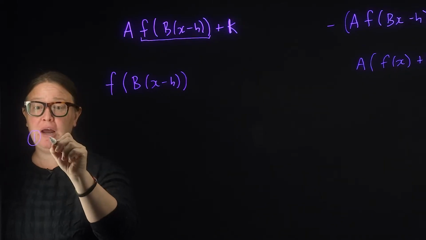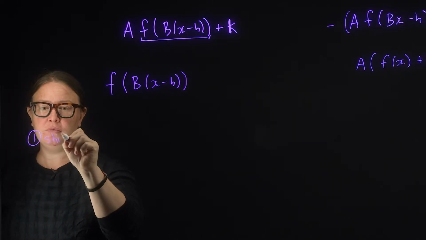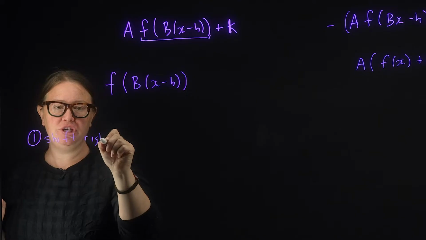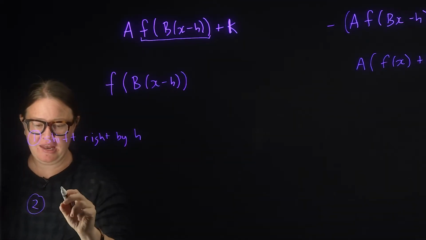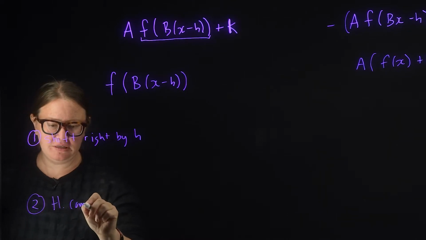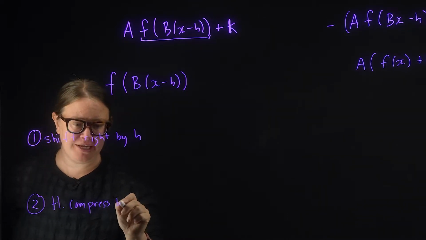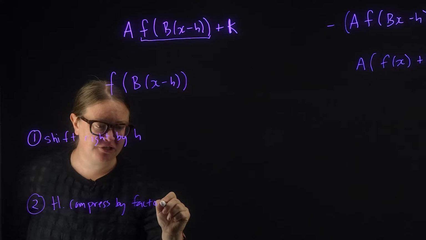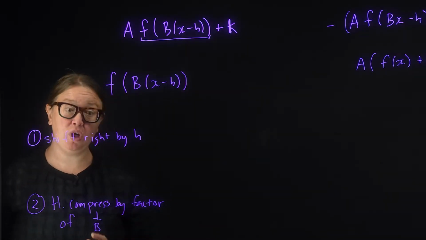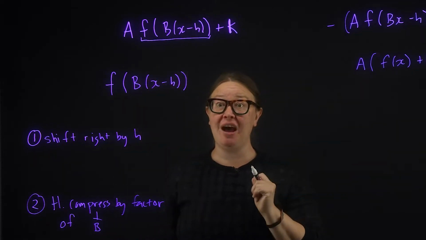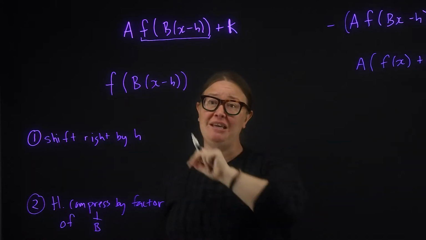So let's try this order: shift right by h, then horizontally compress by a factor of 1 over b. So we're going to try that order, and we're going to try the opposite, and we're going to see which one gives me that.